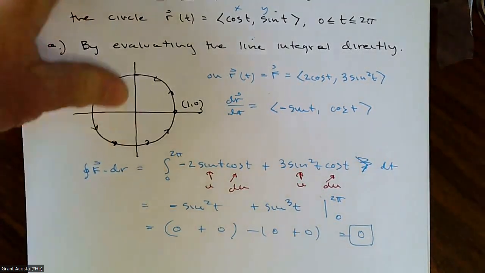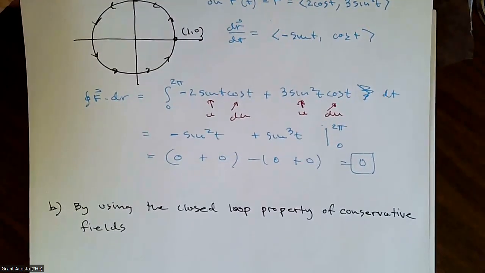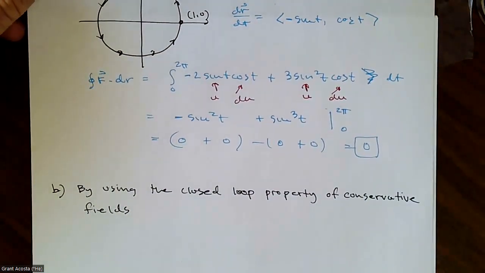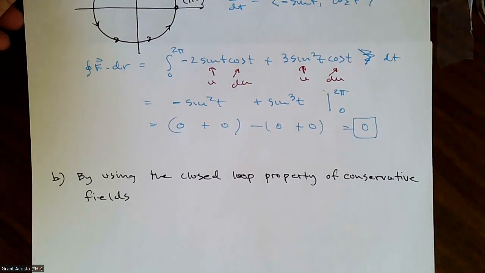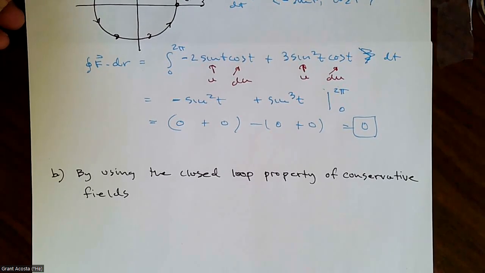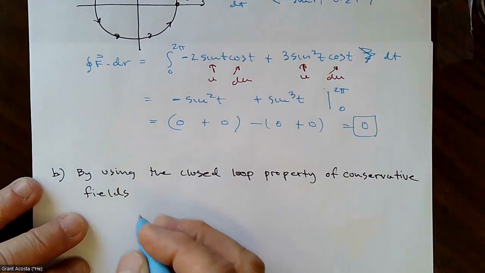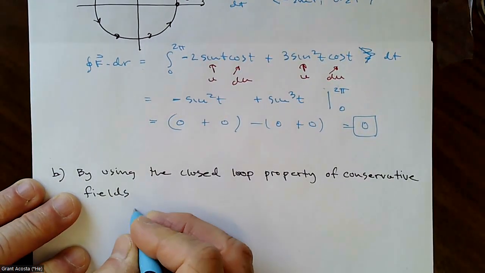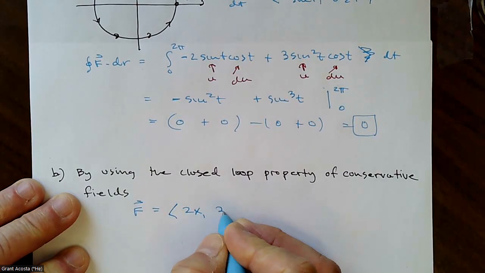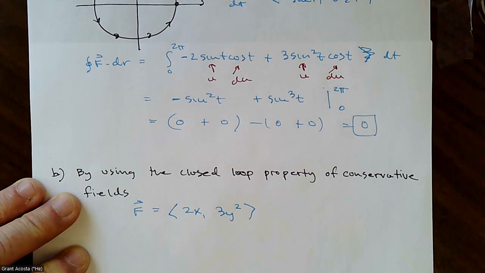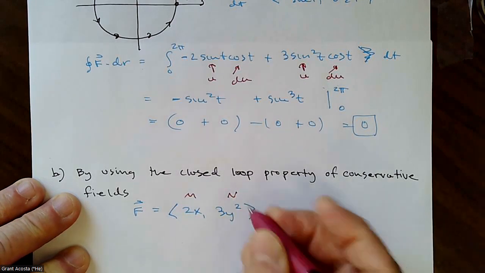Which is exactly what would be true if we can show that f is conservative. Then we know that it's a closed loop, so the answer should have been 0. Remember my field was 2x, 3y squared. That's my m, that's my n.